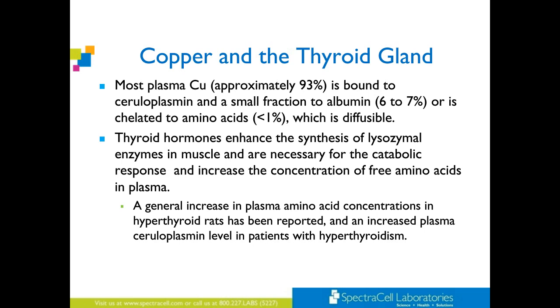So you can see here that thyroid hormones have a relationship with certain enzymes, and of course the copper is bound to a protein called ceruloplasmin, and this is all correlated with the rate or the function of thyroid.